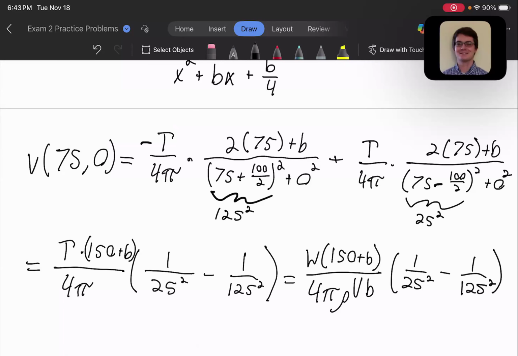Once you've done enough of these, it's kind of obvious one's easier than the other. On the other hand, I find with the stream function, it's easier to forget a negative, or the derivatives are always the opposite. So instead of the x velocity being partial x, it's negative partial y, and it's just easy to forget things. So sometimes the velocity potential is easier to use just purely from that perspective.